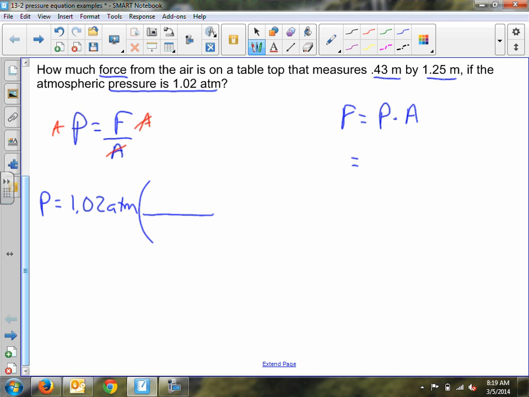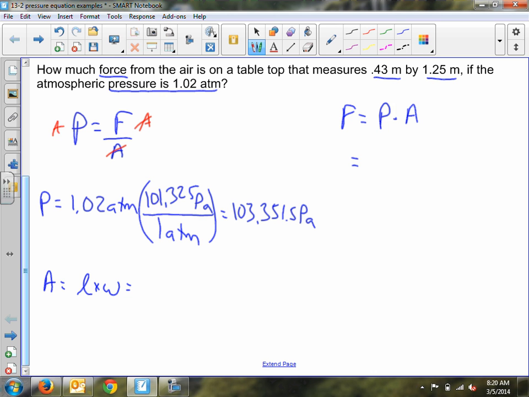So to convert, I know that 1 atmosphere is equal to 101,325 pascals. If you multiply those two, you end up with 103,351.5 pascals.